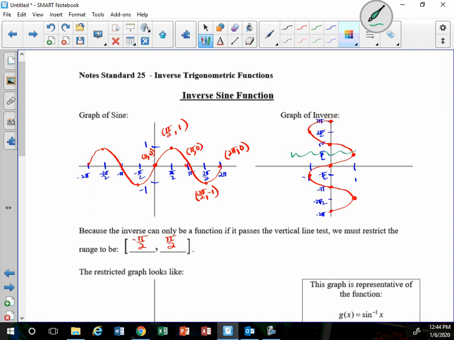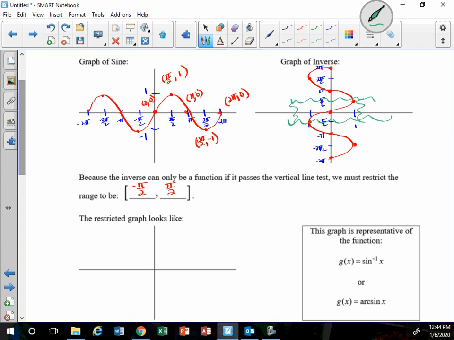So this is the only part of the graph we get to look at. I'm not going to use this, the restricted graph looks like, cross that part out. Okay. Looks exactly the same as it does up above.